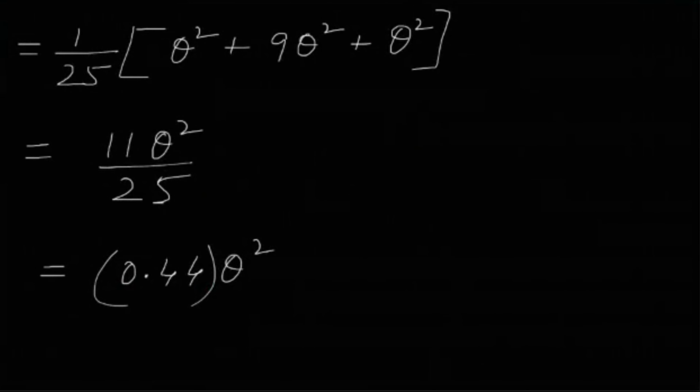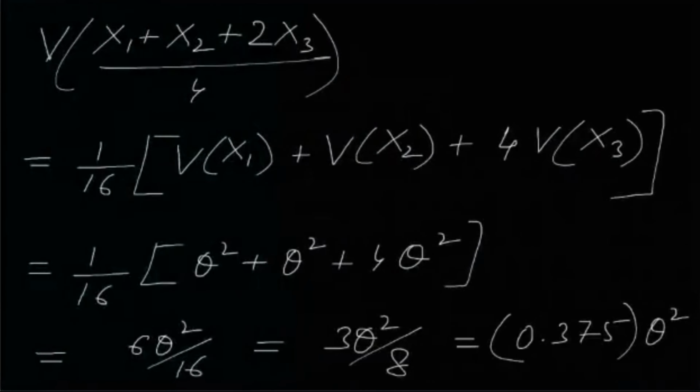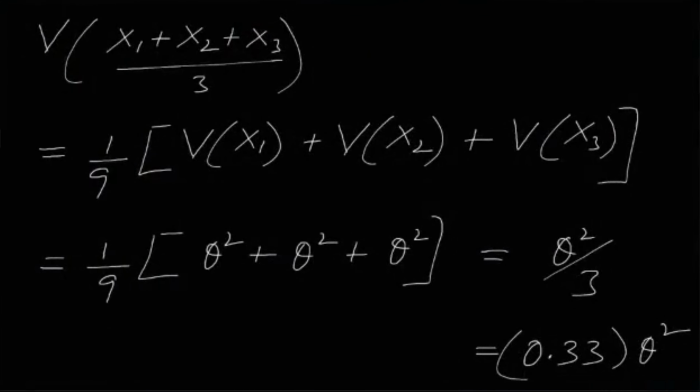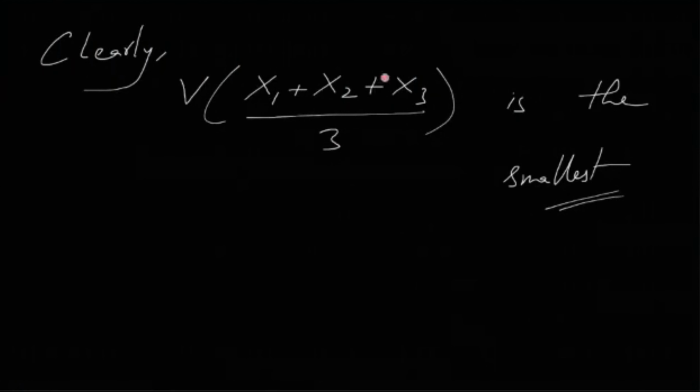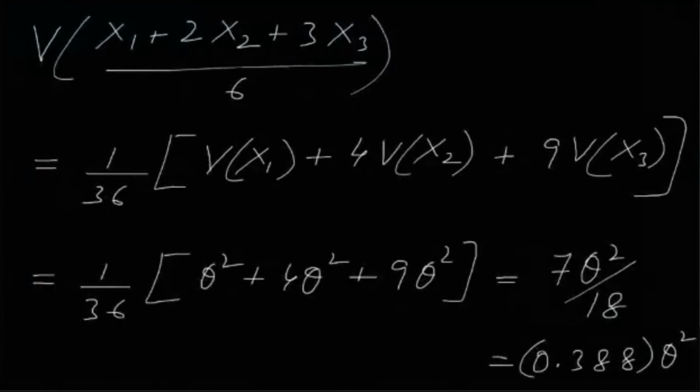So every one of them has greater variance than this one. So the variance of this expression is the smallest. So x1 plus x2 plus x3 whole divided by 3, sorry, this quantity is the sample mean, X bar. So the sample mean has the smallest variance, and the option is this one.